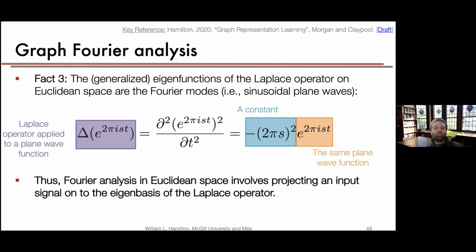The key connection here is that Fourier analysis, where we decompose a signal in Euclidean space as a superposition of a number of different sine waves, is equivalent to representing a signal in the eigenbasis of the Laplace operator.